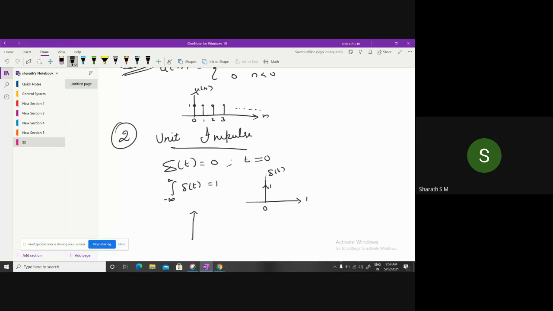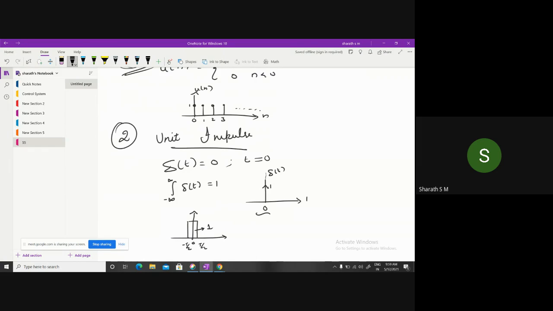Theoretically, we can write that the area of the signal is equal to 1, from minus T by 2 to plus T by 2. This particular width has area equal to 1. So this is also an impulse function.